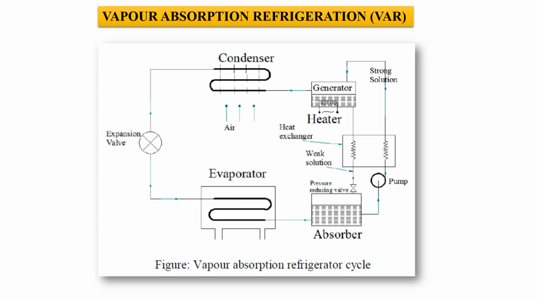The pressure remains constant and the temperature is reduced. It then flows to the expansion valve, where the pressure and temperature are reduced.